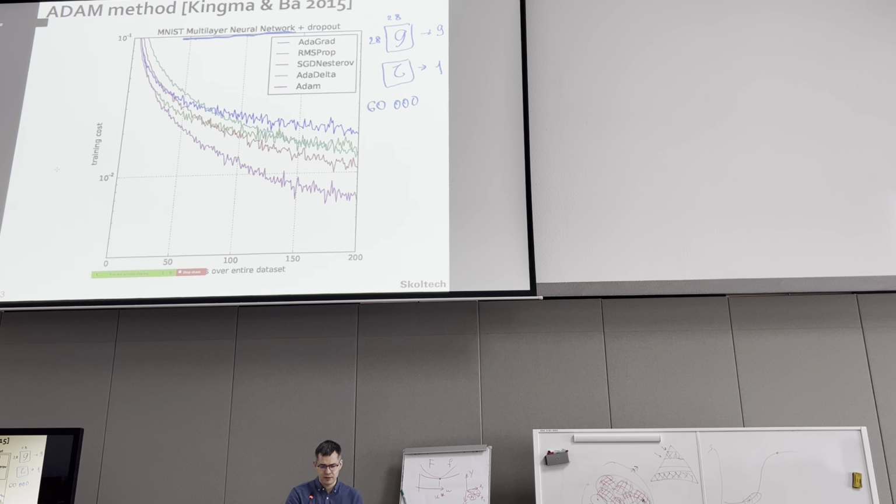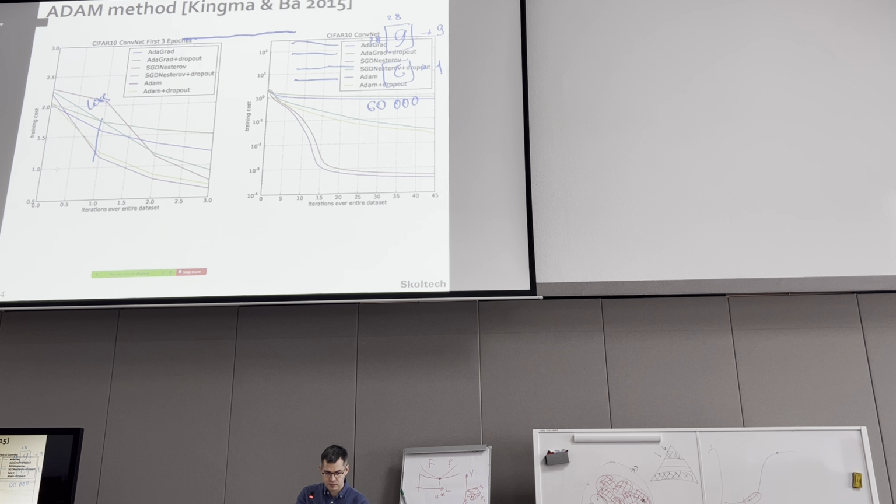Some of them were selected, for example Adagrad, accelerated gradients by Nesterov, RMSProp, and Adadelta. And we can see that Adam is much more successful in decreasing the loss function with respect to the number of iterations over the data set. It was more successful than approaches that had fewer components.